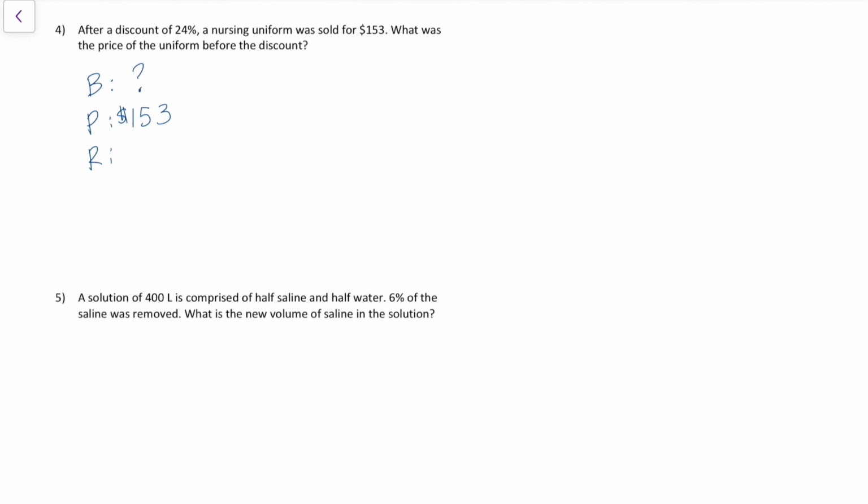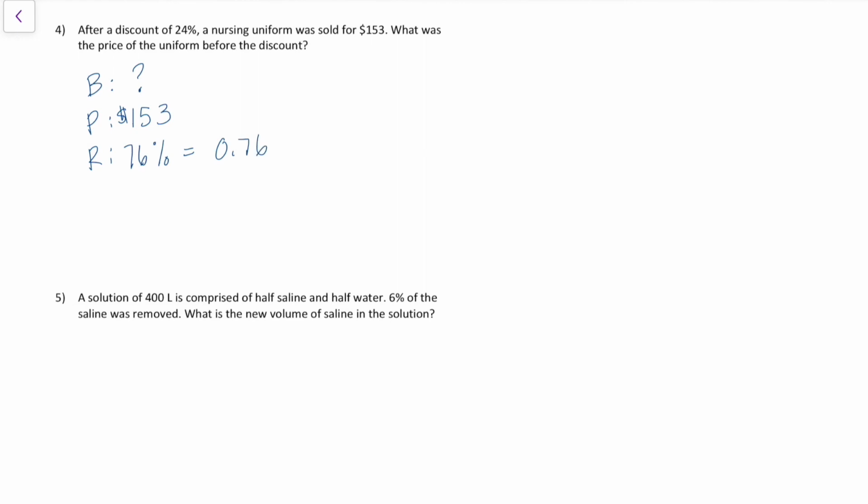What is our rate? Is our rate 24%? No, because our rate, the 24%, represents how much was subtracted in order to get to 153. So that means my rate is going to be 76%.